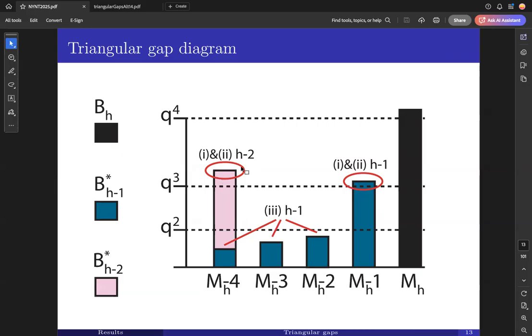Same basic idea, and lying a little bit because I'm stacking these two blocks on top of each other. But the proof that these have to lie below the q squared line, or some constant times q squared, is going to come from lemma 1 part 3 applied to h minus 1. And as I said, the reason that the h minus 2 piece is starting all the way down at m minus 4 comes from lemma 2.